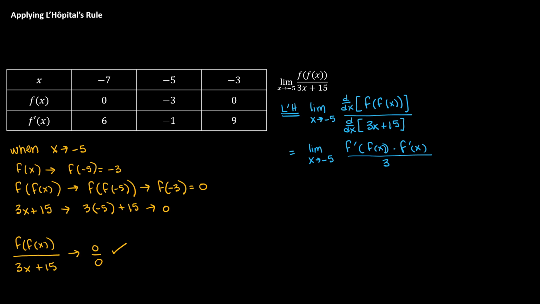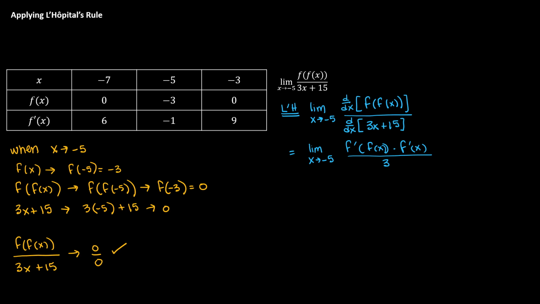So we're multiplying by f prime. So we have f prime at f times f prime at x. And in our denominator we have a constant, which we like. That's one of our favorite parts of applying L'Hopital's rule. We have 3 in the denominator, so no potential for an indeterminate form here.